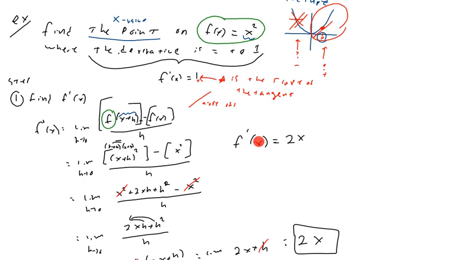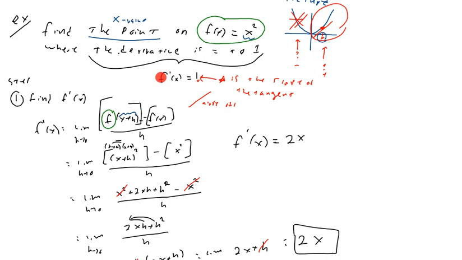Well, I have this equation that describes the derivative. F prime is 2x. I know the formula for the slope equation, and I know what I want: the x value. But I don't have an idea what the next step would be to find the x value where the derivative is equal to 1.